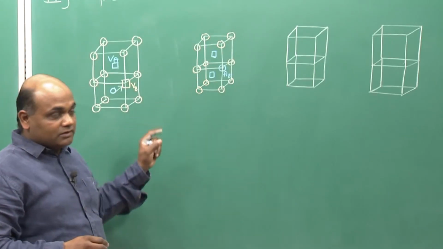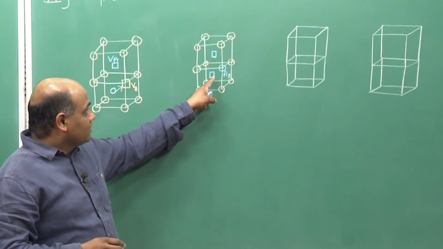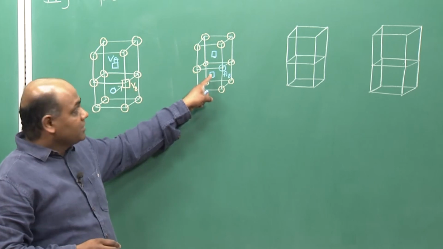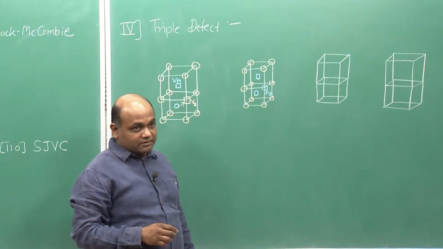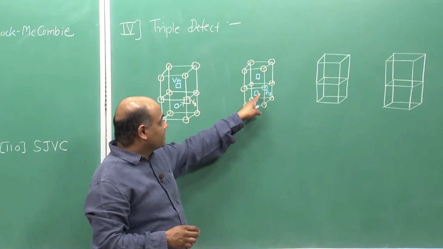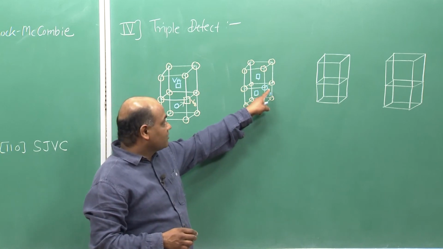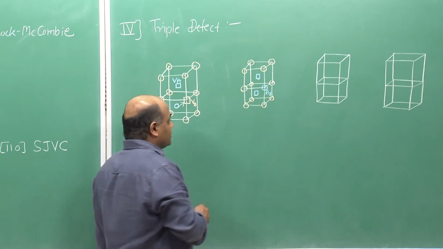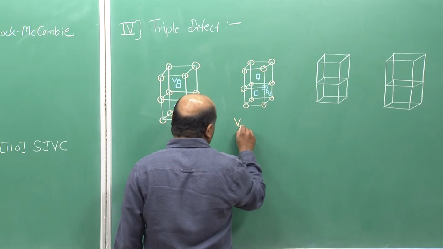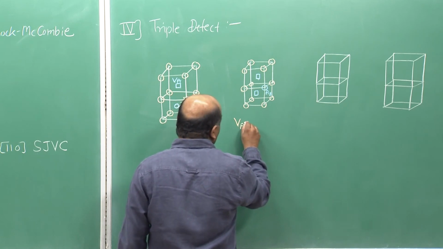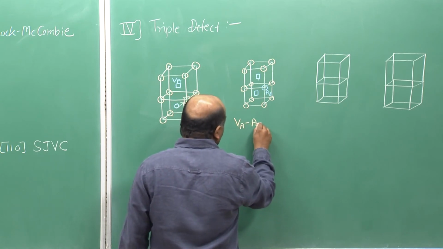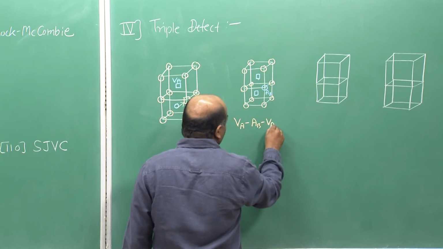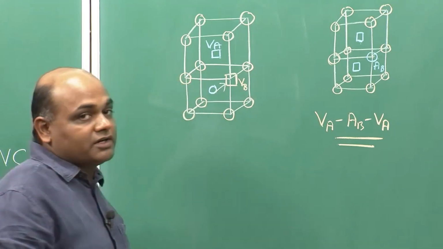now we can see it has formed a triple defect, which involves 2 vacancies on the A sublattice and 1 A anti-site. So, this is a triple defect, V_A, A_B and V_A. That is why this is called a triple defect.